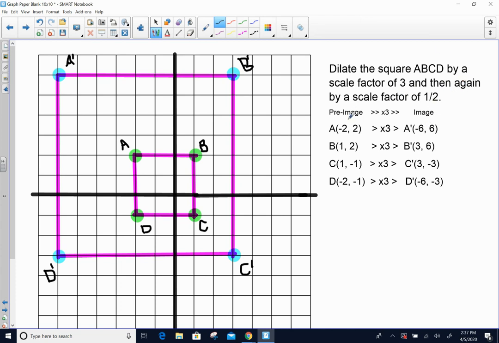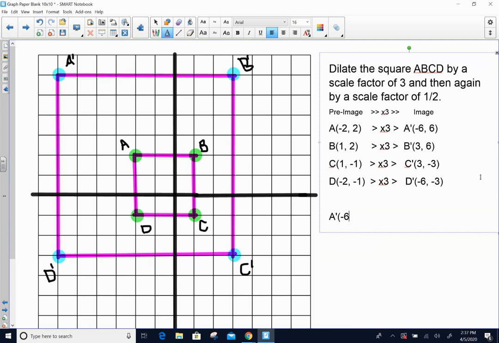All right. But I'm not done, right? I've got to now dilate my new shape, my image. I need to dilate that by a scale factor of 1/2. So what I'm going to do here, because this just helps me if I can get in my box, I'm going to go ahead and recopy down these points right here. A prime was negative 6, 6.